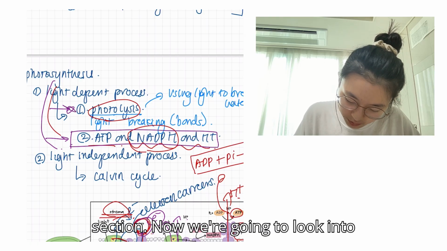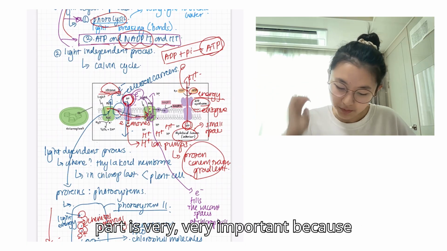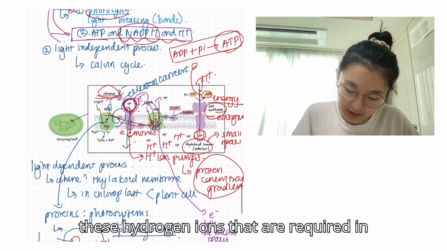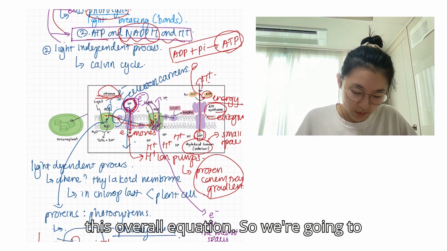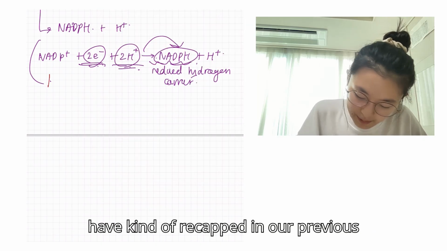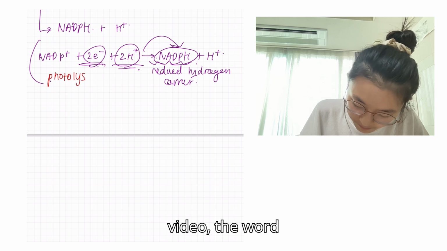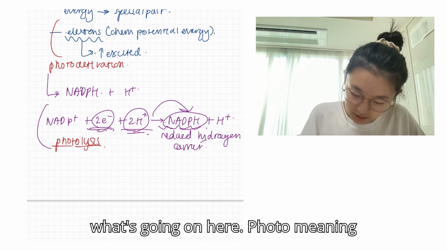Now we're going to look into what photolysis is. And this part is very, very important because photolysis provides all of these hydrogen ions that are required in this overall equation. As we recapped in our previous video, the word literally tells us what's going on here.